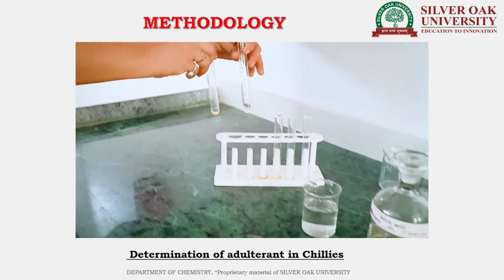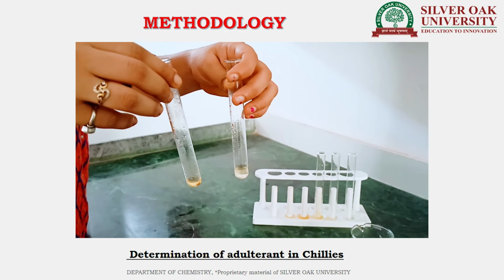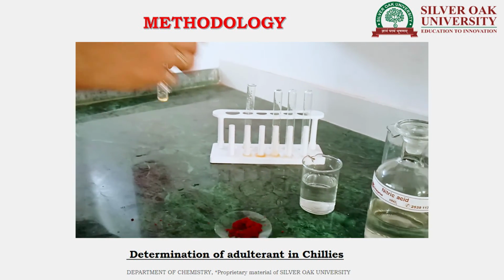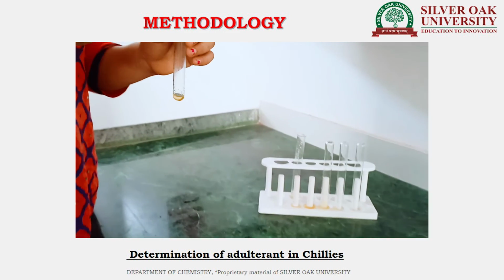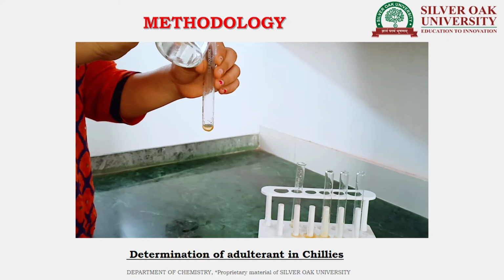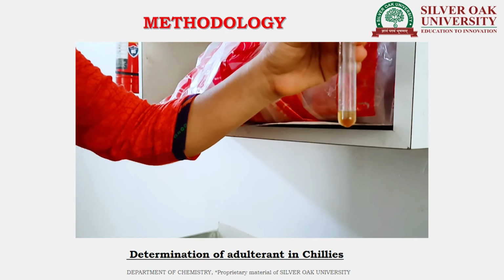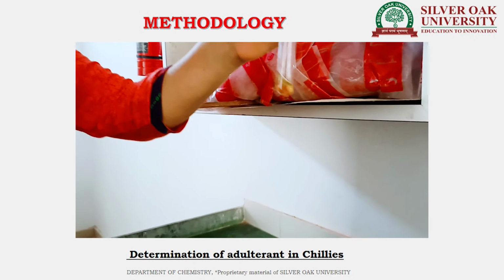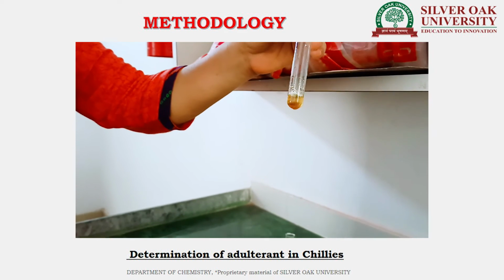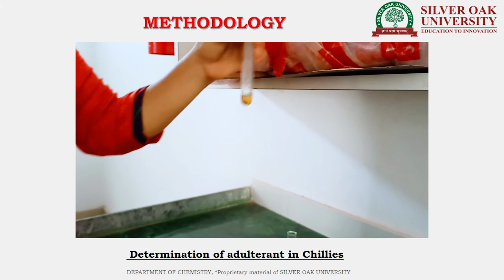Now you can see that we have filtered the solution. We will now add potassium iodide to it. Let us see the observation. On adding potassium iodide, there is no yellow precipitate. It indicates the given chili powder is genuine.